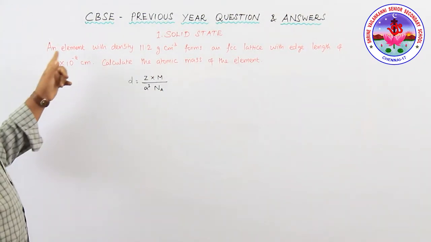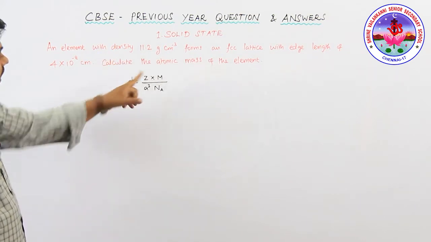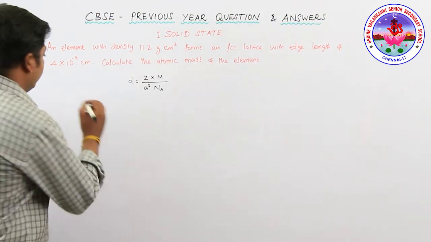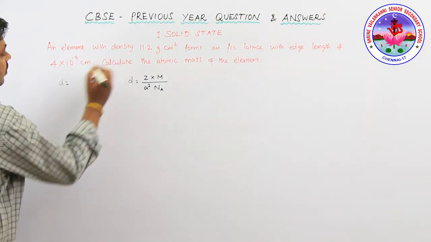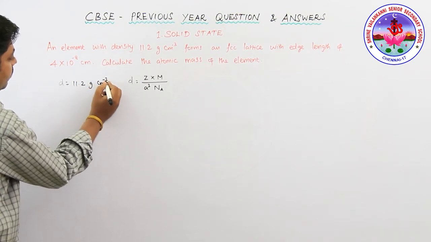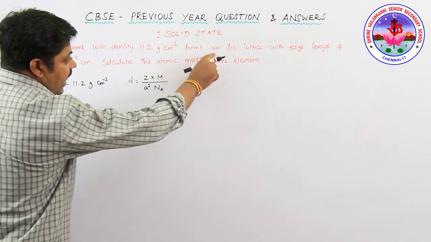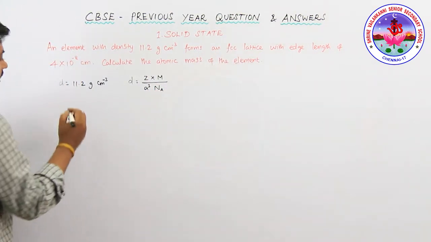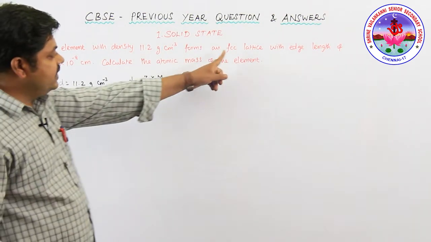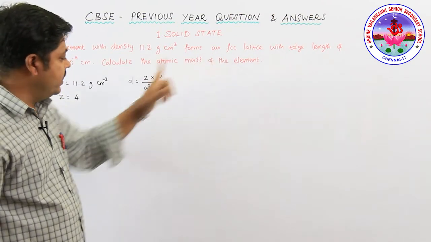Now look at this numerical and write the values of each. The density D is given: 11.2 gram per centimeter cube. It forms an FCC lattice, so Z will definitely be 4, because the number of atoms in the FCC unit cell is 4.